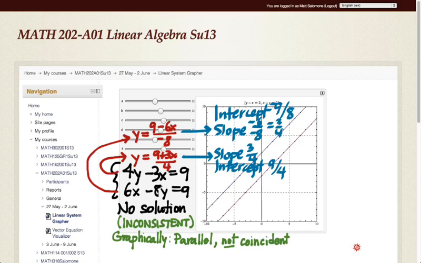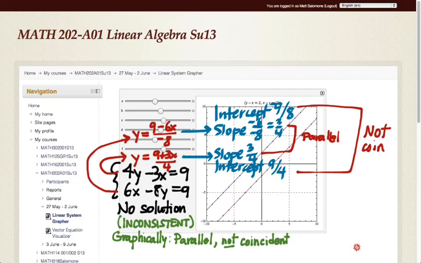So the fact that the slopes match tells us that the lines are parallel. But the fact that the intercepts do not match tells us that the lines are not coincident. There's the analytic geometry viewpoint on this whole thing.